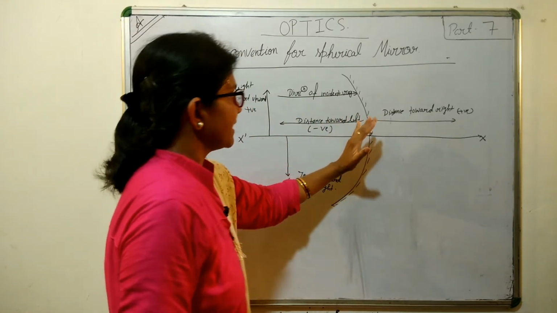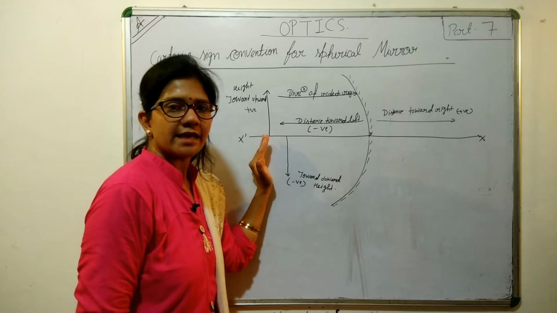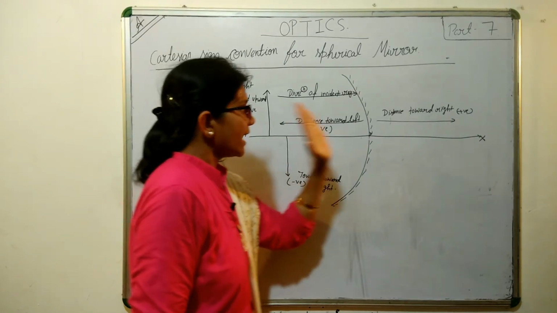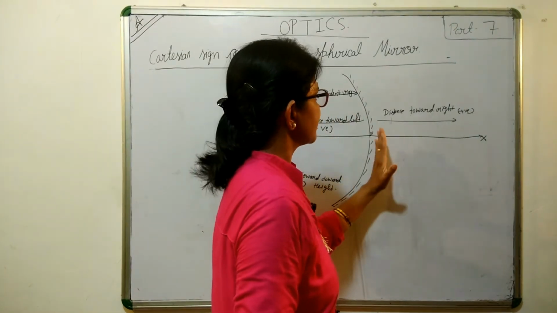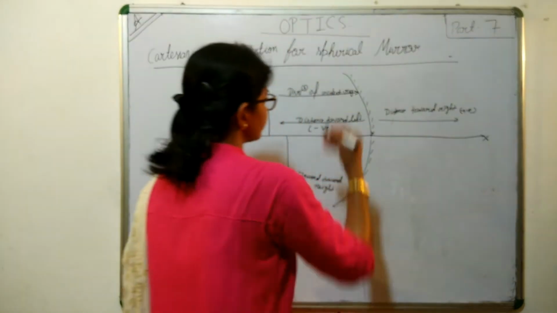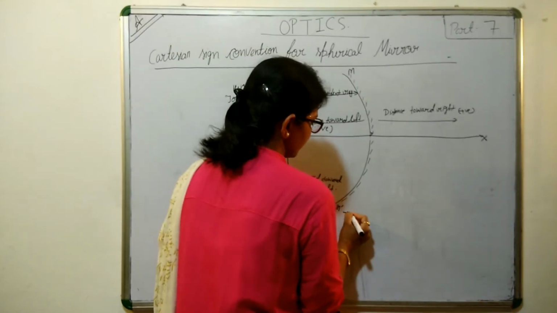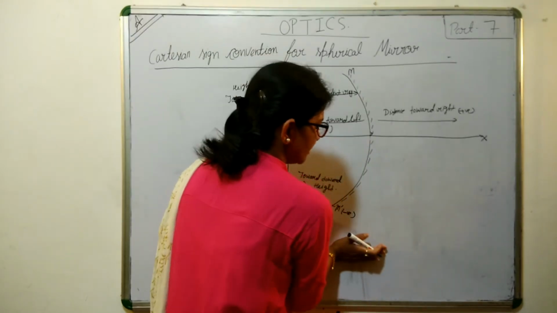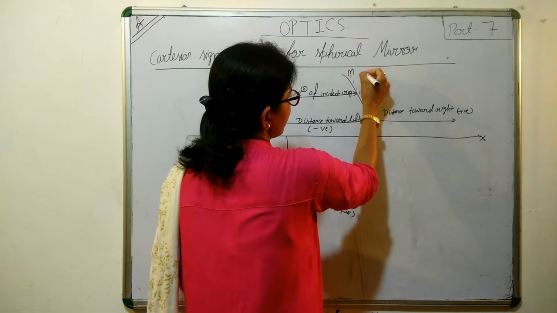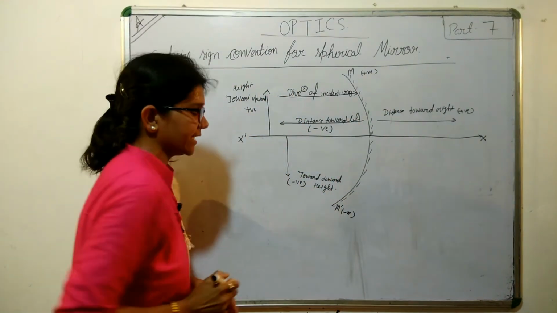If you are measuring the distance from the pole to the left side, then it is negative. And if you are measuring the distance from the pole to the right side, it is positive. Below the principal axis it is negative, above the principal axis it is positive.